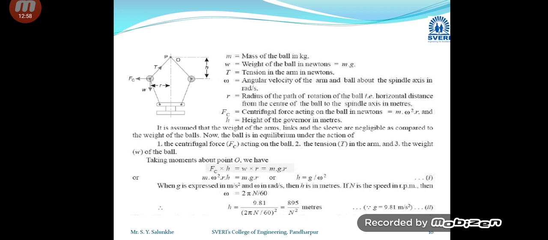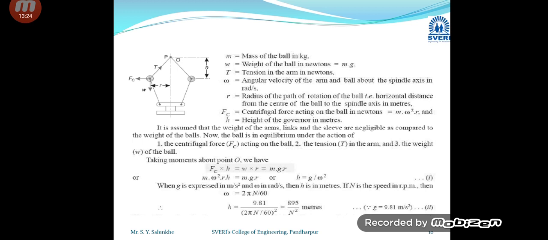When the balls move outside, h will get reduced, whereas when the balls come inside, h will get increased. There will be limitations for h, how much it can be reduced and how much it can be increased.